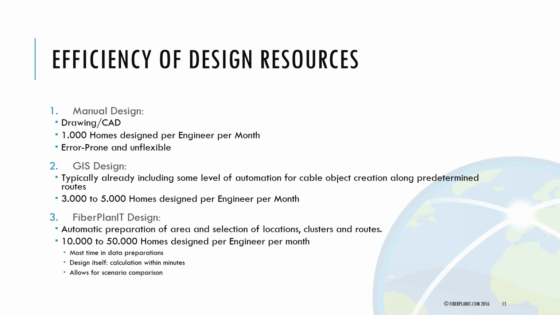But with a FiberPlanIT design, we have automated steps for preparing the area, for determining where to put your fiber concentration points, to determine your clusters, and also to route all of the cables and ducts and so on. Then you can up your efficiency and move to 10,000, 5,000 homes per engineer per month.